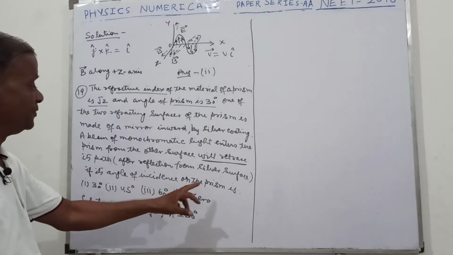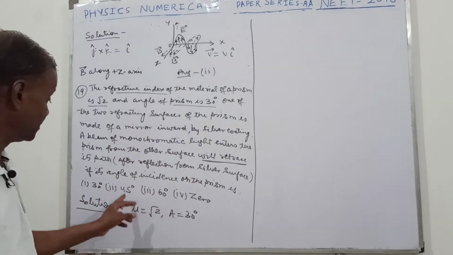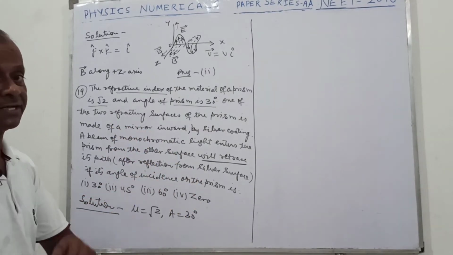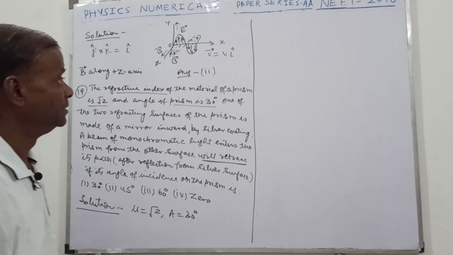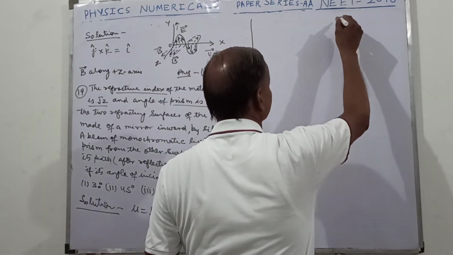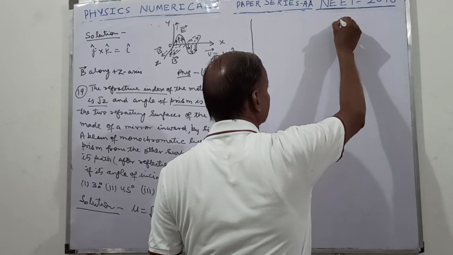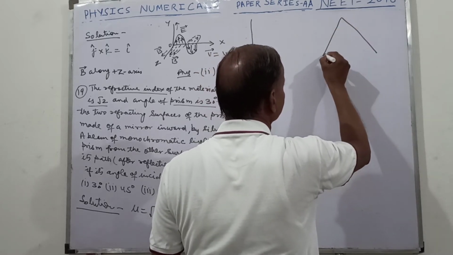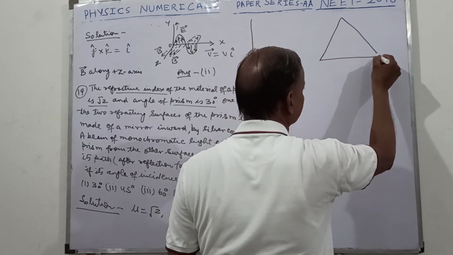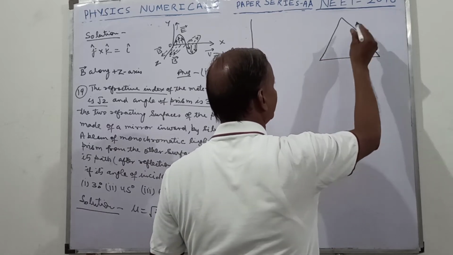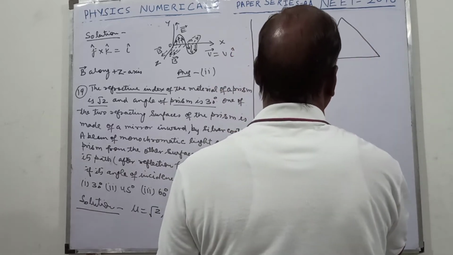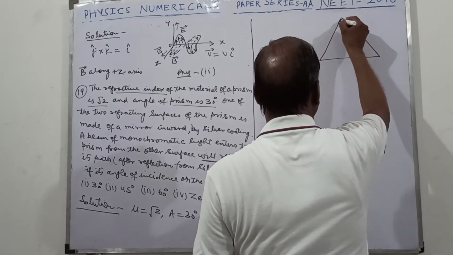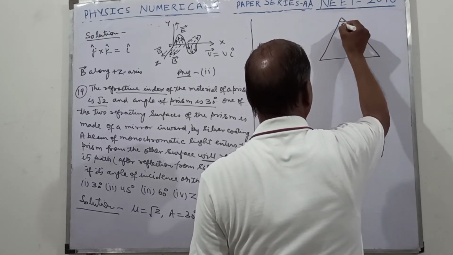If its angle of incidence is this much, then only it will retrace, otherwise it will not. So this is the prism. Now this angle of the prism is given to be 30 degree.